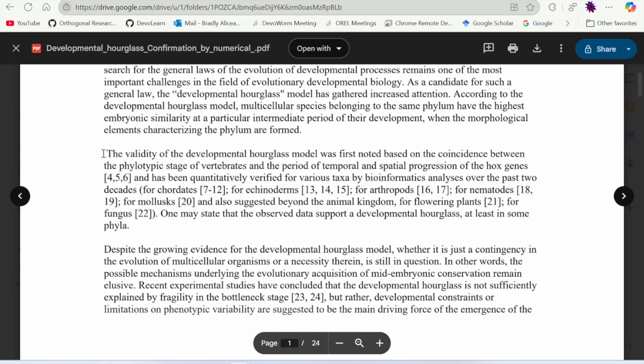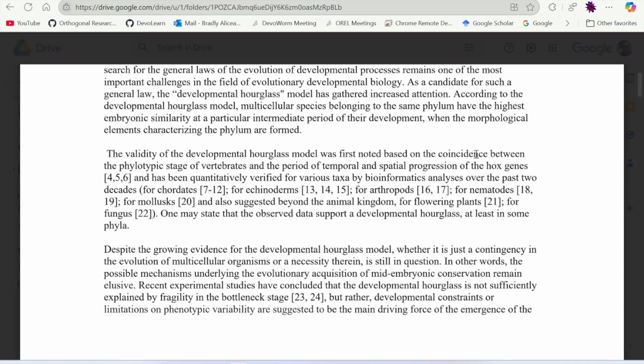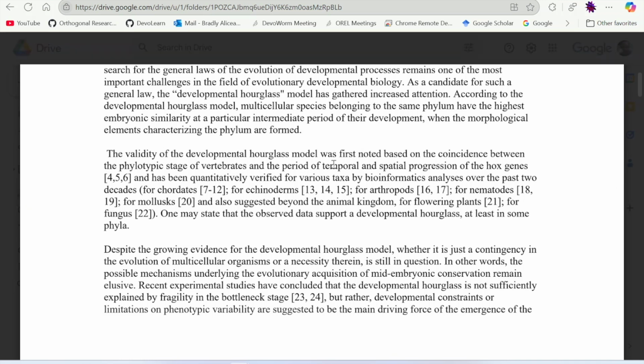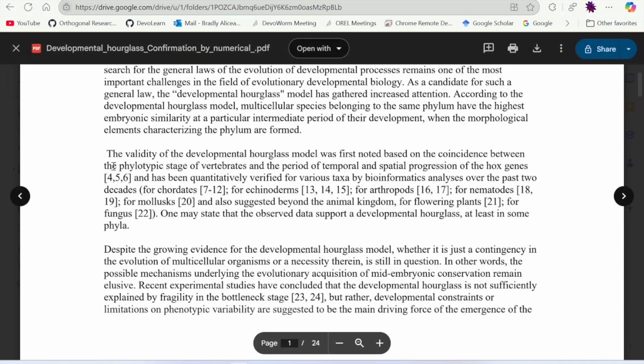So the validity of the developmental hourglass model was first noted based on the coincidence between the phylotypic stage of vertebrates and the period of temporal and spatial progression of the Hox genes. In these developmental systems, you have Hox genes, which define the segments of the organism, which show up in terms of striping patterns. You see this in Drosophila.